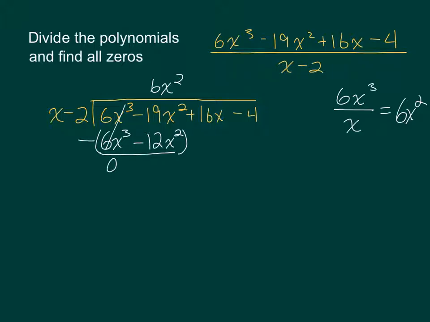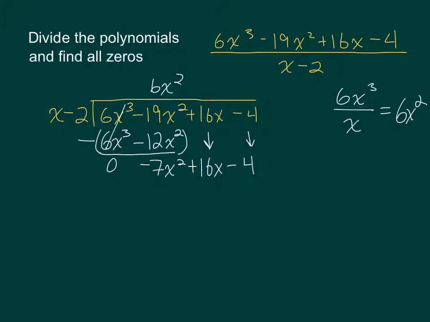Negative 19x squared subtracting a negative 12x squared. Subtracting a negative is like adding, so negative 19x squared plus 12x squared leaves you with a negative 7x squared. Bring down the plus 16x, and when I do these exercises I always bring everything down so you can see the entire new dividend all at once.